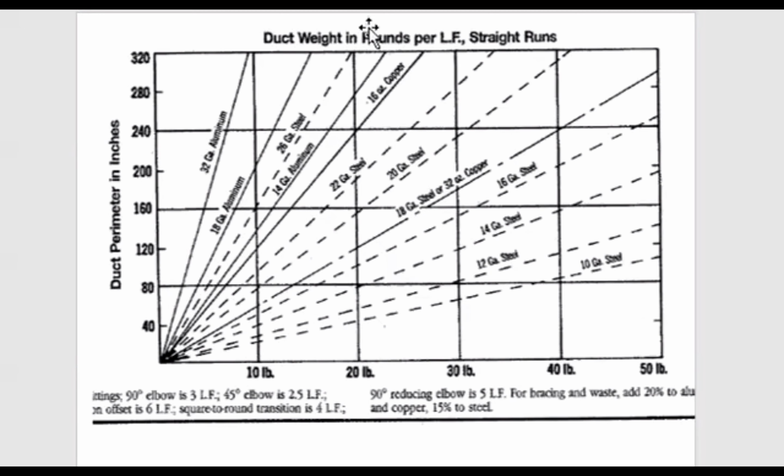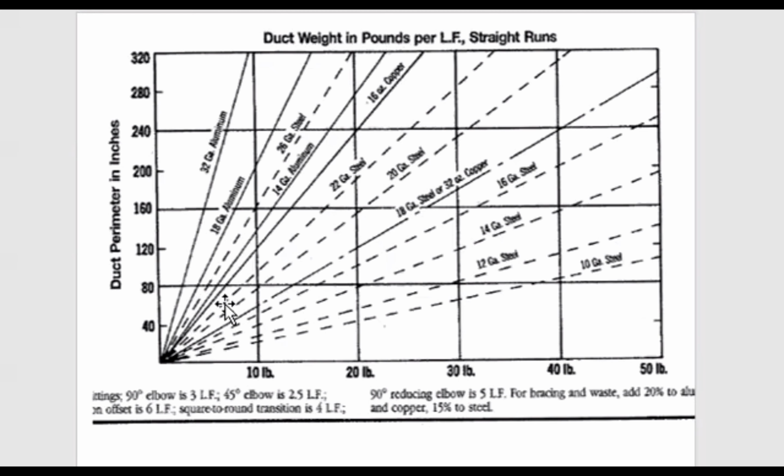Then whatever material you're given, whether it's 20 gauge steel or 22 gauge steel, whatever it is, you go over to that number. Say we had 72 before for that rectangular duct. For every foot of that duct, if it was 20 gauge steel, we're talking about an estimated 7 pounds.